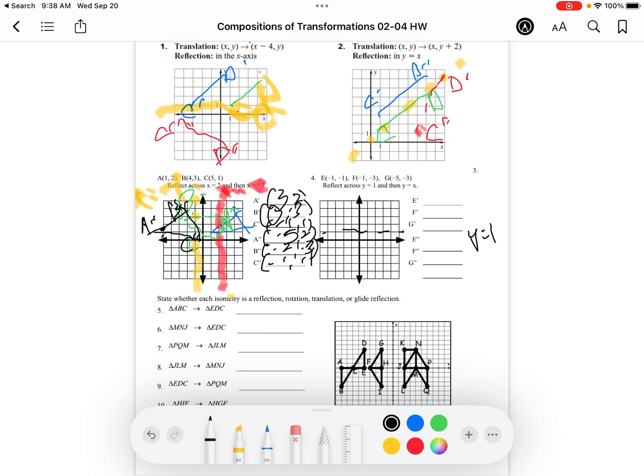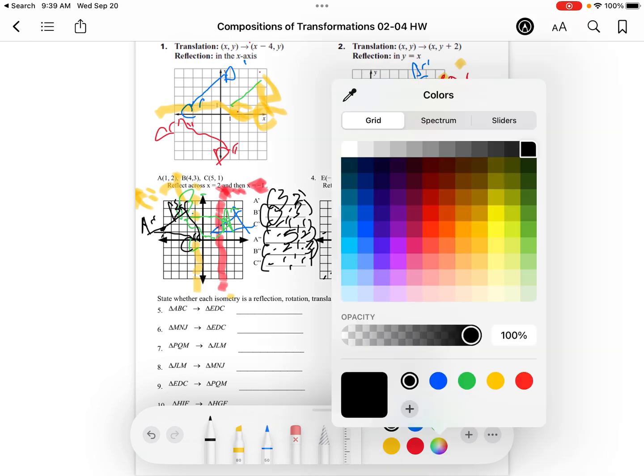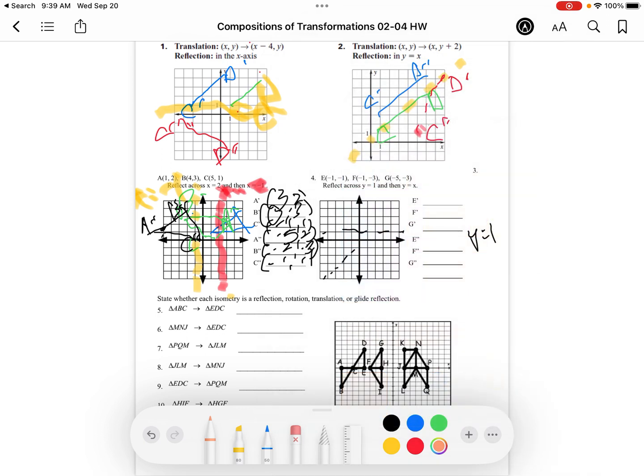Then we're going to draw in y equals x. I'll pick something colorful this time. And we'll go with, didn't like that, we'll go with, let's say, orange. Y equals x is a diagonal line.